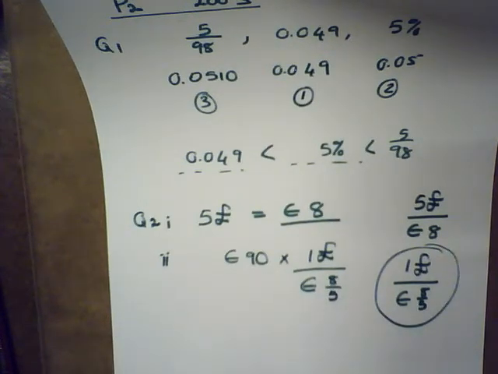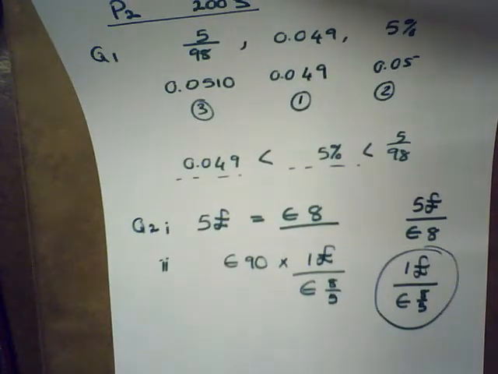I tap that into my calculator. Let's quickly have a look at that. So 90, divided actually, times 1 over 8 over 5.